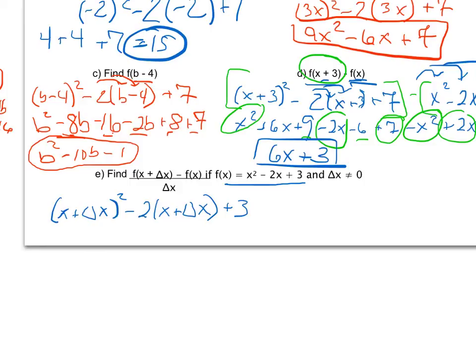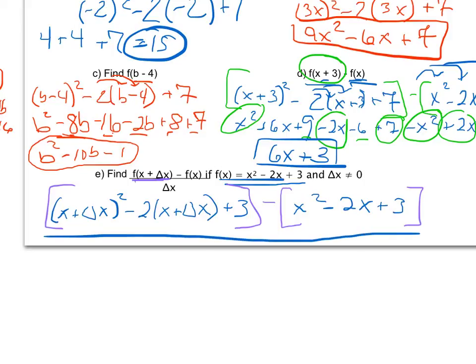That is my first part only. Now I'm going to subtract the entire f of x function. I have to put it in parentheses to show I'm taking the entire function off. X squared minus 2x plus 3. That's easy. I'm told what f of x is right here. That is all divided by change of x.